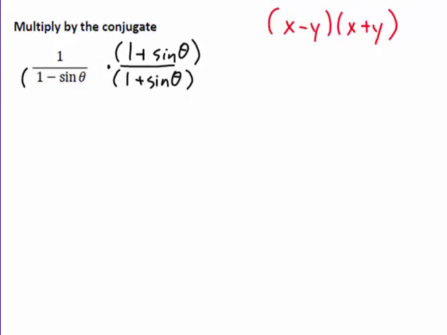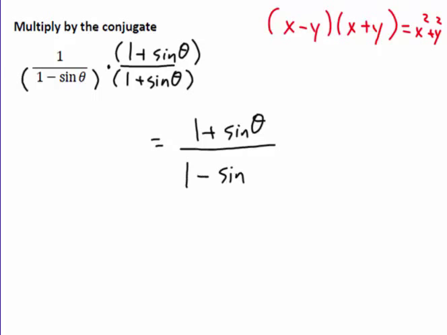Now I'm just going to put brackets around this because now our numerator will be 1 plus sine theta, and the denominator, when we have that conjugate pair, well, remember, the difference of squares is just x squared minus y squared. So our denominator becomes 1 minus sine squared theta.